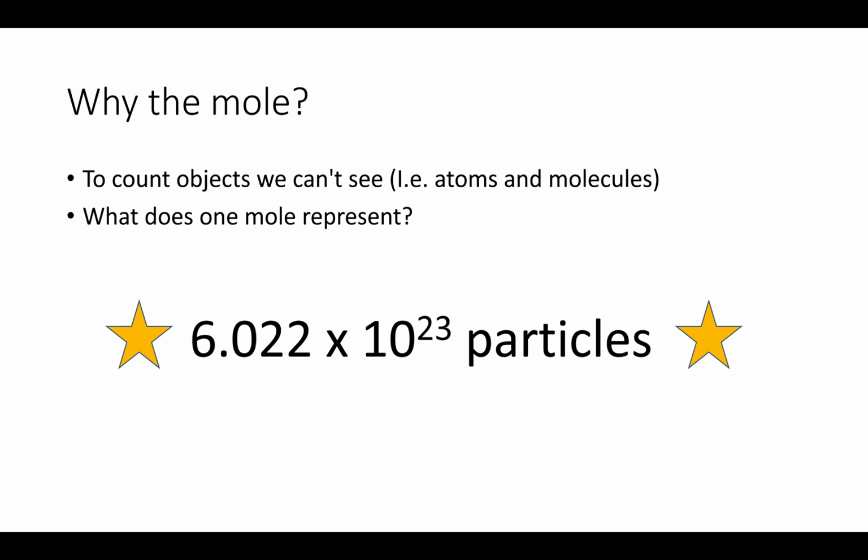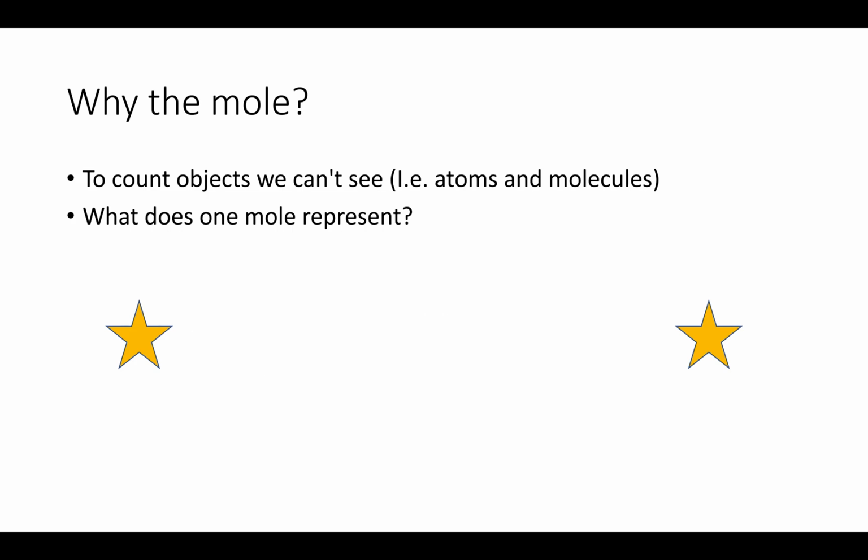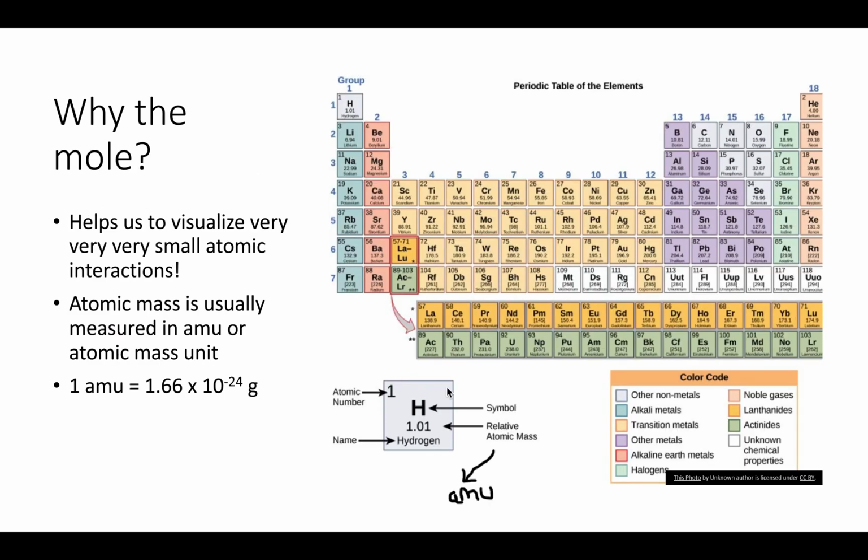This allows us to better understand different chemical reactions because it's obviously a much larger number. So when I say that I have 1 mole of hydrogen, it means that I have 6.022 times 10 to the 23rd atoms of hydrogen. That's a lot of hydrogen atoms.